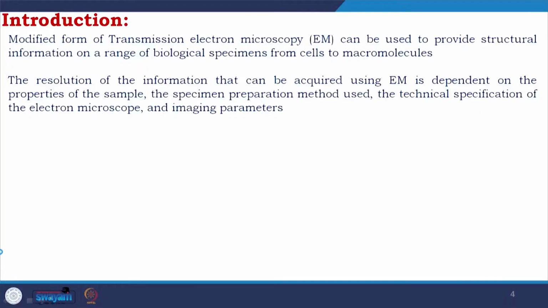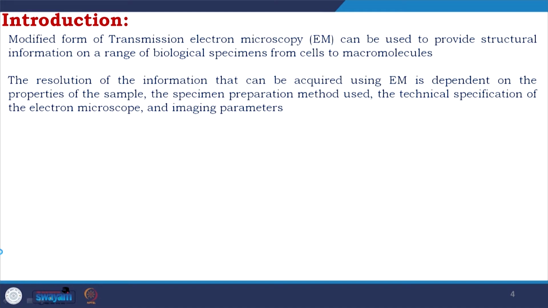The resolution of the information that can be acquired using electron microscopy is dependent on the properties of the sample, the specimen preparation method used, the technical specification of the electron microscope and imaging parameters. So, properties of the sample is one determinant, specimen preparation method is another.